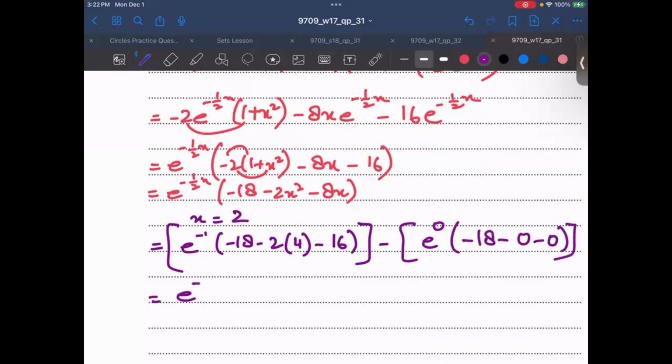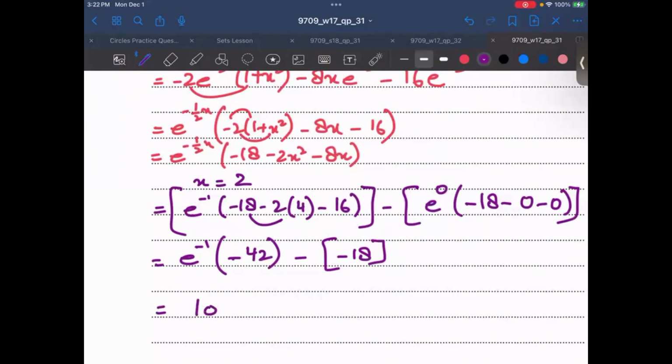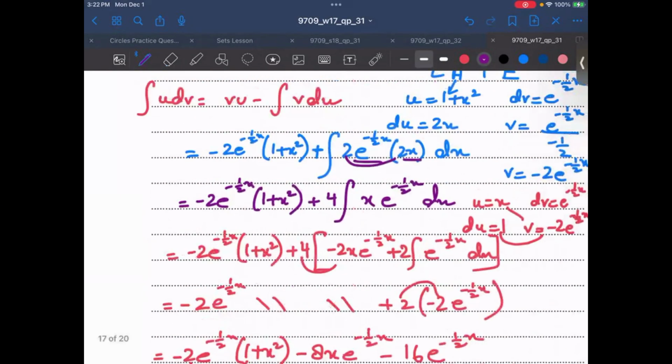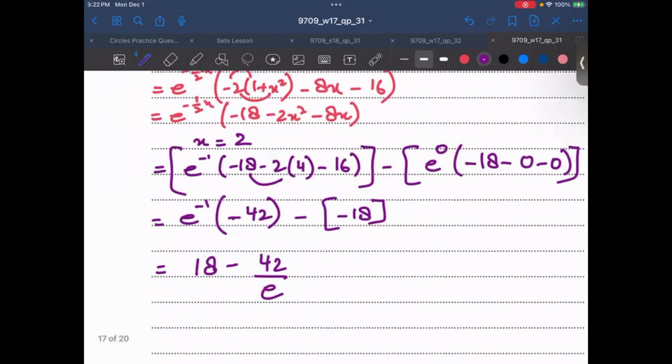This will become e to the power minus 1 into, so minus 18 minus 8 is minus 26, minus 26 minus 16 is equal to minus 42 minus, and so e to the power 0 is 1 and this will become minus 18, which will be equal to plus 18. So we'll get 18 minus 42 upon e, and what we had to prove was 18 minus 42 upon e. So this is the final answer, 18 minus 42 upon e.